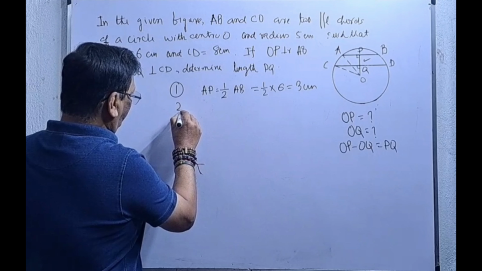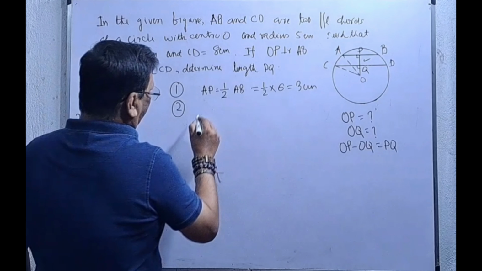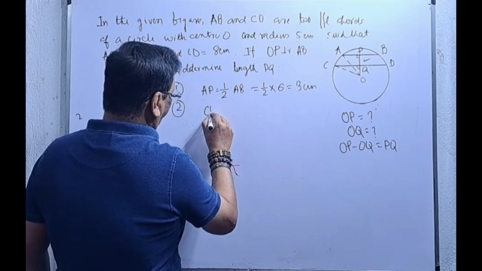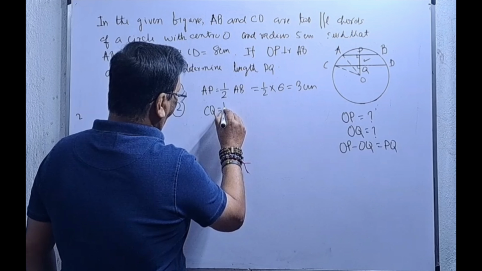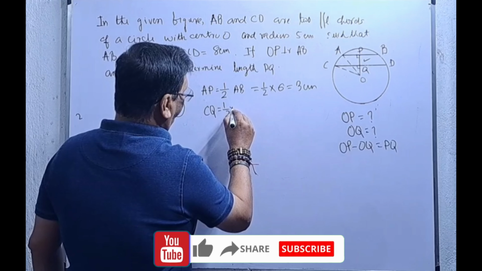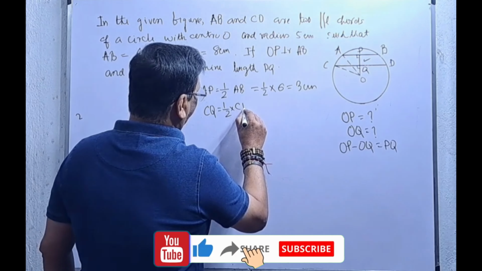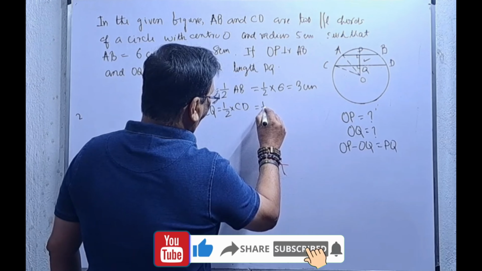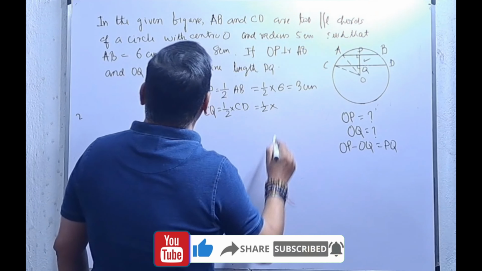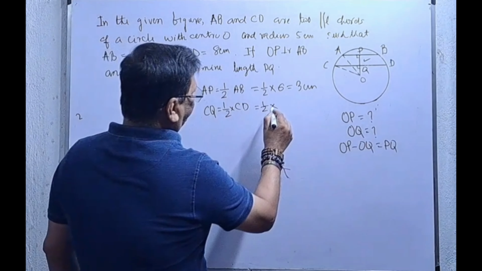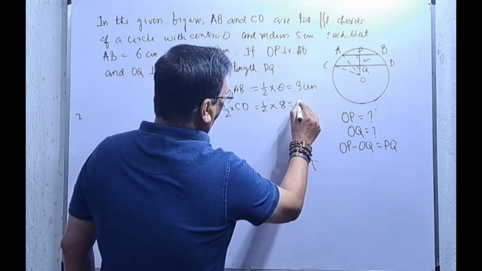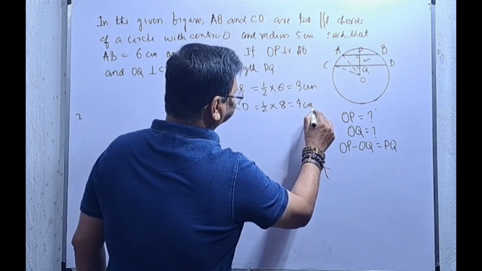Also, number 2, we know CQ is equal to half of CD, that is half times 8 centimeter, so 4 centimeter.